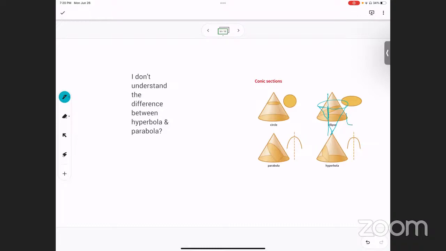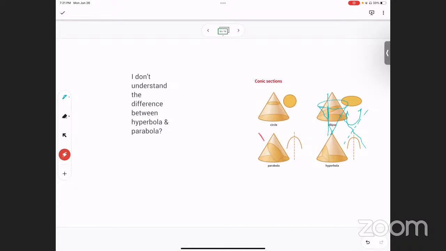That's a hyperbola. Whereas a parabola, see how this is just cutting one of the cones? The parabola is just this cross section. That's what a conic section is. It's a cross section of a double cone, two cones standing tip to tip.